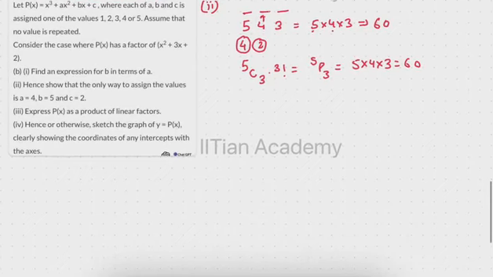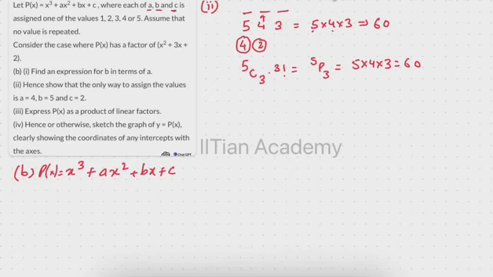Now let us move on to part B. In part B, we have a cubic equation, which is P(x) = x cube plus a x square plus b x plus c, where a, b and c can be assigned any value of 1, 2, 3, 4, 5 as before, and we have to assume that no value is repeated.